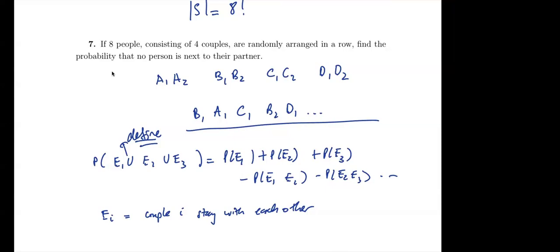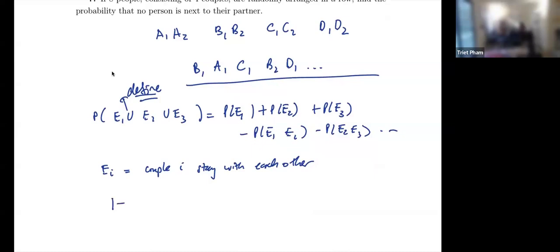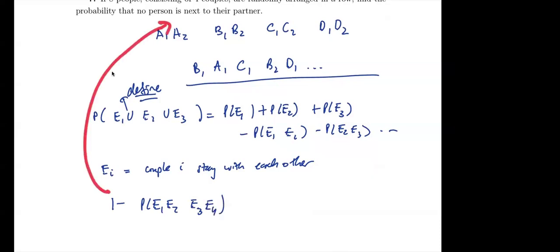Well, one minus the probability of E_A and E_B and so on. Let's explore that. 1 minus P of E1, E2, E3, E4. So what you're saying is that this is what the question is asking?